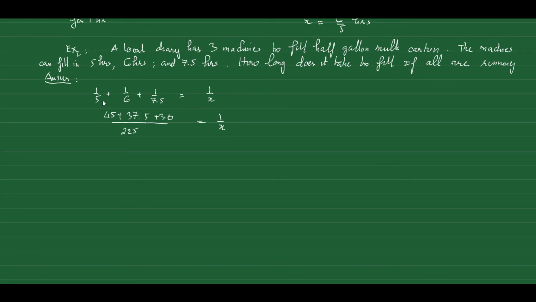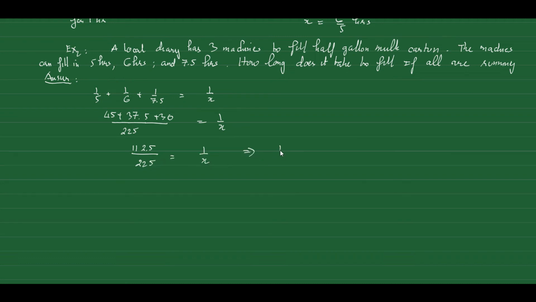Multiply over here by 6 and 7.5. Multiply over here in the top by 5 and 7.5. Multiply 7.5 by 5 and 6. So we have 37.5 plus 45 plus 30, so you have 112.5 over 225 equals 1 over x.